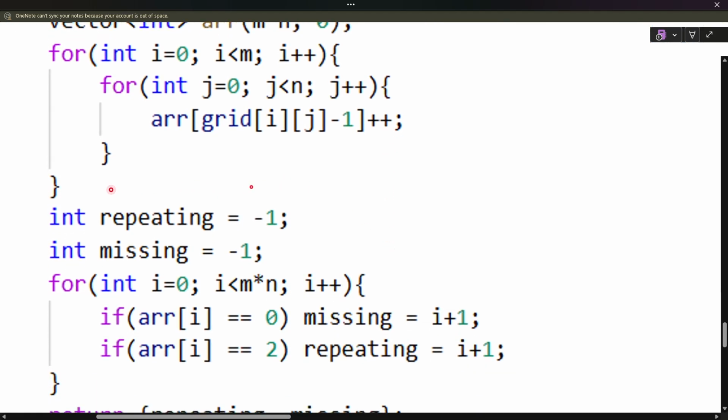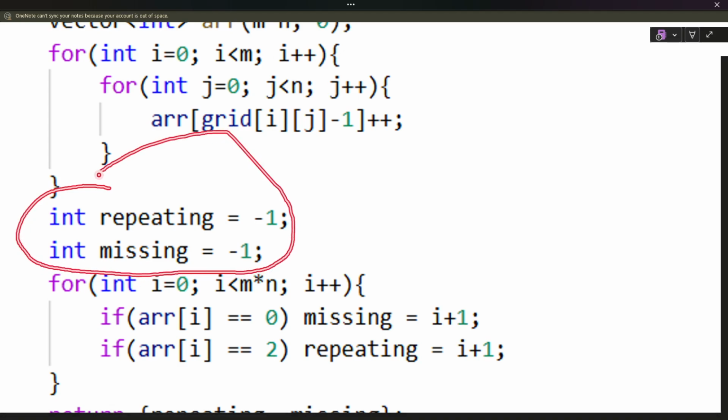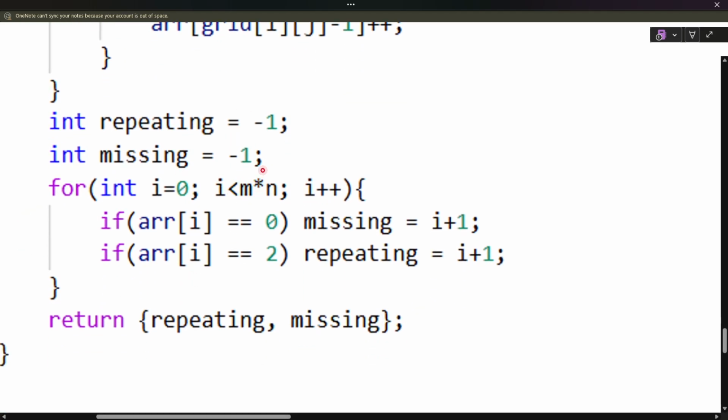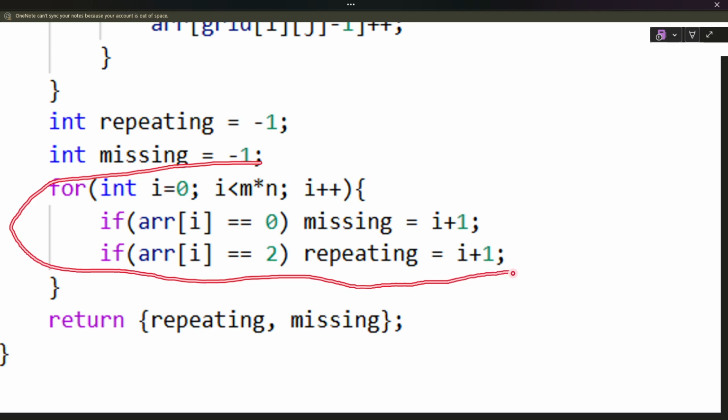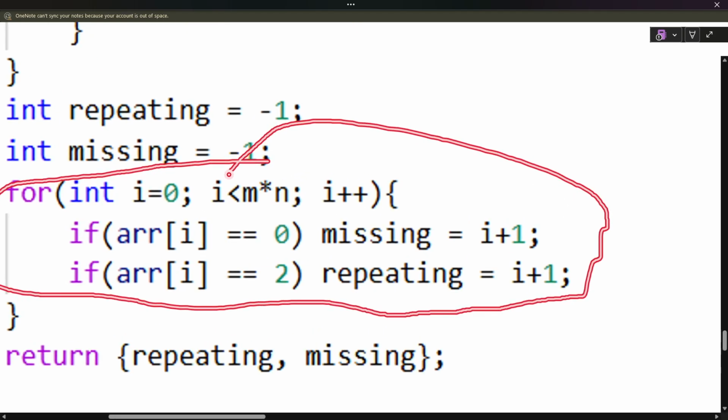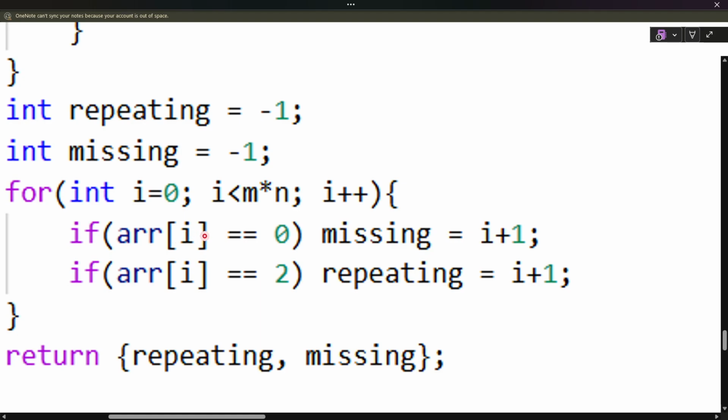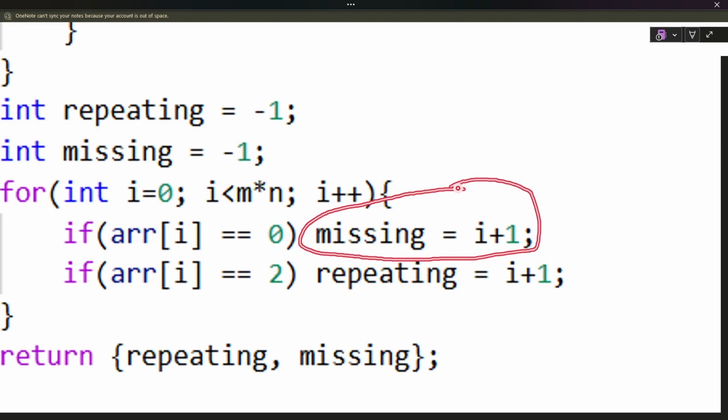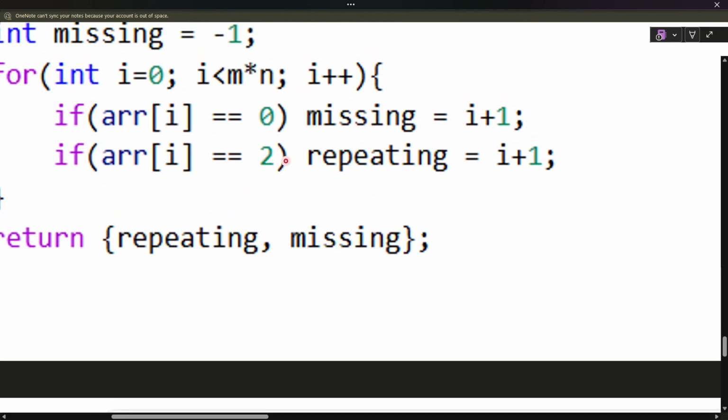Initially we assign the repeating and missing number as minus 1, it doesn't mean anything. Then we iterate the frequency array: if ARR of I equals 0, then the missing number is I plus 1, and if ARR of I equals 2, then the repeating number will be I plus 1.